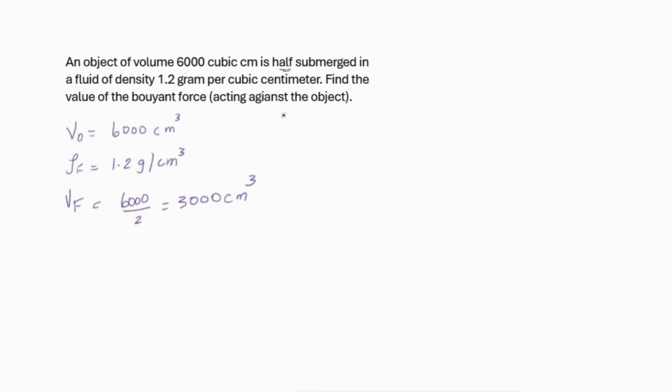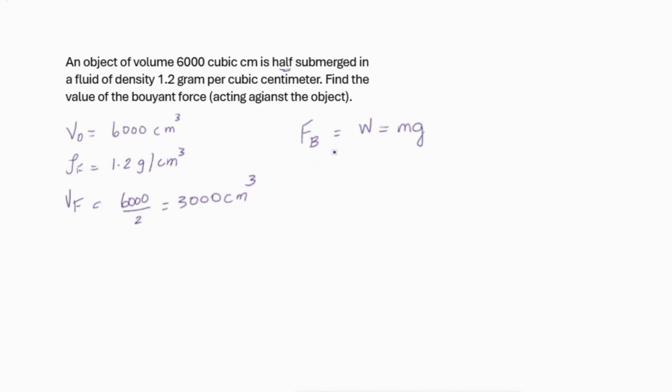Now, the buoyant force is going to be the weight of the fluid displaced. And the weight of the fluid displaced is going to be the mass of the fluid multiplied by the acceleration due to gravity.